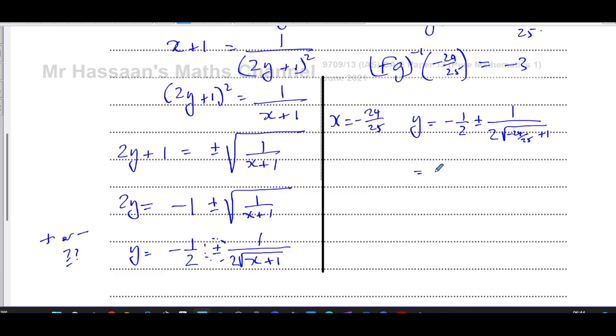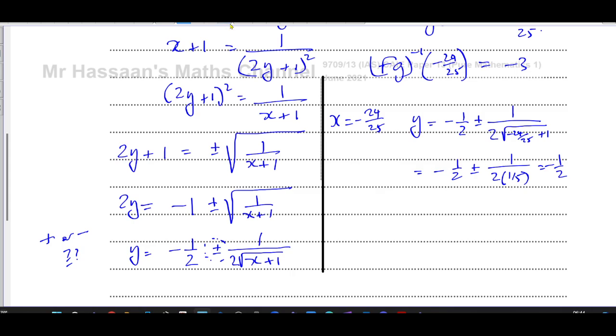This gives me minus a half plus or minus 1 over 2 times the square root of 1 over 25, which is 1 over 5. So you have 1 over 2 over 5, which is 5 over 2.